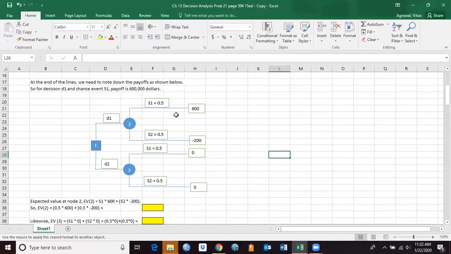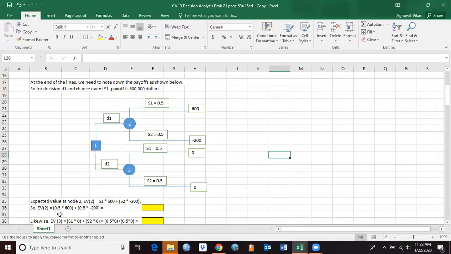It will be given by the payoff value, which is 600, times the chance event, which is S1, which is 0.5. So it's going to be 600 times 0.5, plus minus 200 times 0.5. So you have to consider both the chance events, okay? And that will give you the expected value of node 2 here.